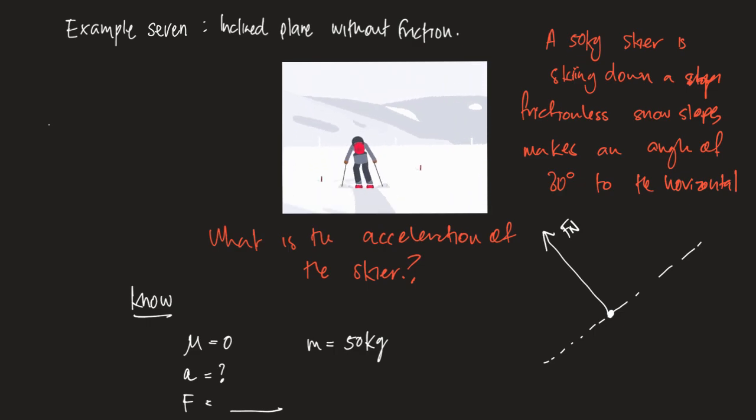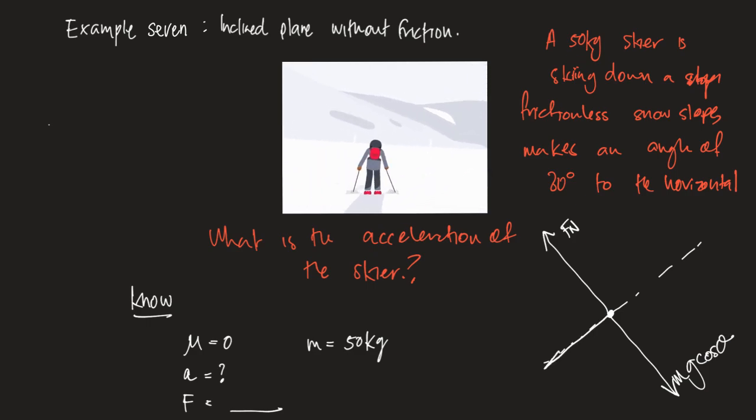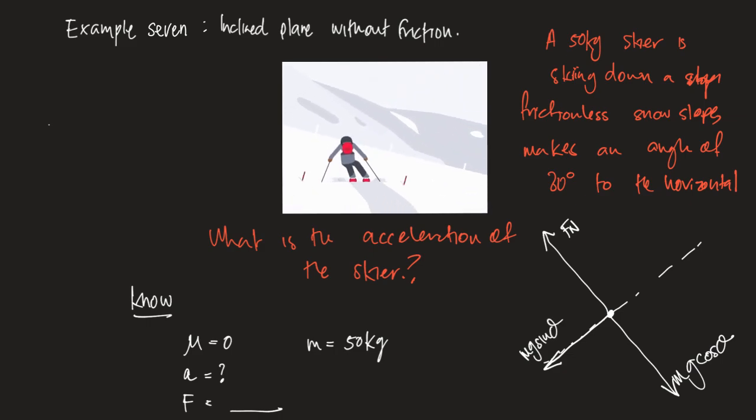Coming down from the force of the normal is, I'm just going to label it with the formula so that I don't waste time, mg cos theta. And going down the slope this way is mg sine theta. So that's my free body diagram. There's no force of friction, so I don't have to stress about it.